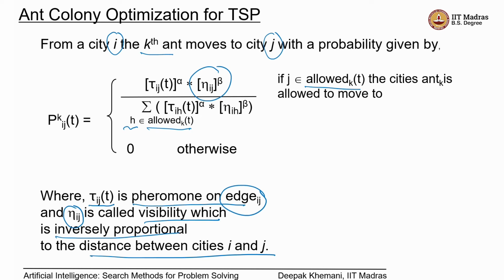So if there is pheromone on that edge, it's likely to move. Otherwise, it's not likely to move. So it basically does a greedy tour construction, except that it is not deterministic greedy, it is stochastic greedy, and the probability of moving from city i to city j is given by these two factors.